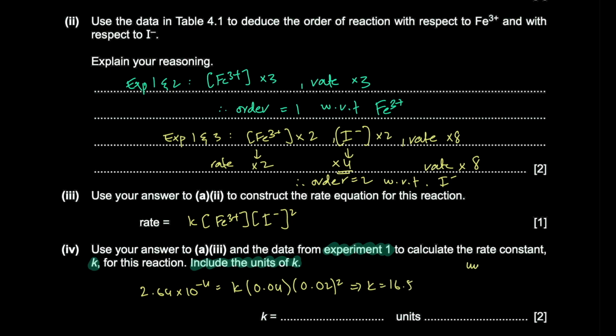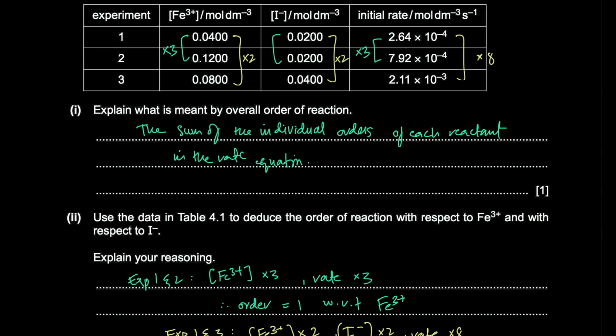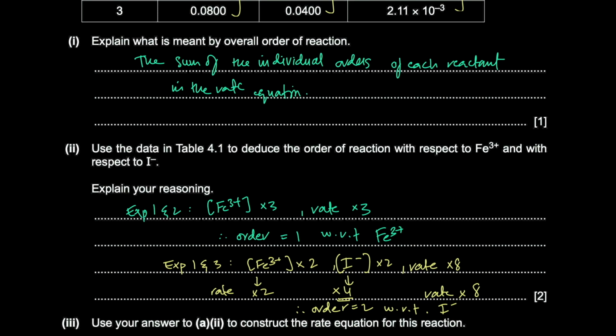And for the units, we have rate divided by concentration cubed, rate divided by concentration to the power of 3. So that would be moles per dm cube per second. You always double check the units given in the question. The units are given as moles per dm cube per second; sometimes they will be given per minute as well.